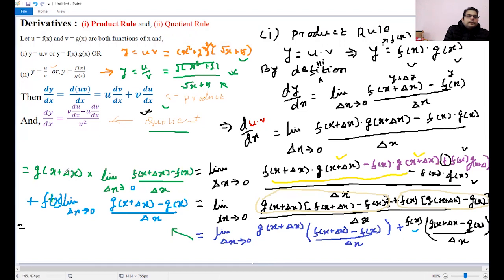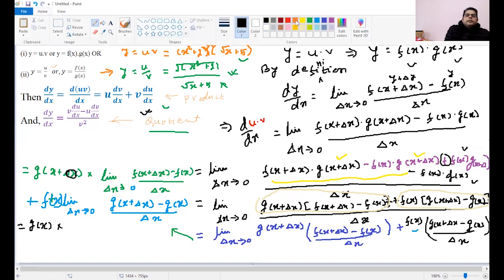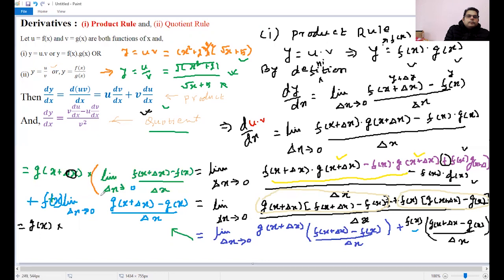After this step, as you have g(x + Δx), Δx is there, so you can put the limit over here. So here you remain with g(x) times, and you know that by the definition of derivatives, this sort of term when the limit as Δx tends to 0 is called f'(x), if you are talking of y equals only f(x).